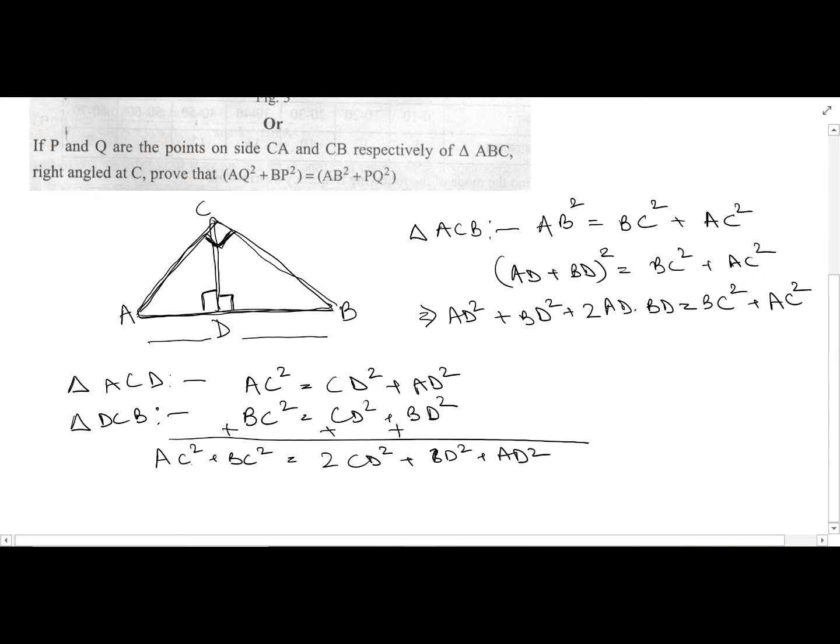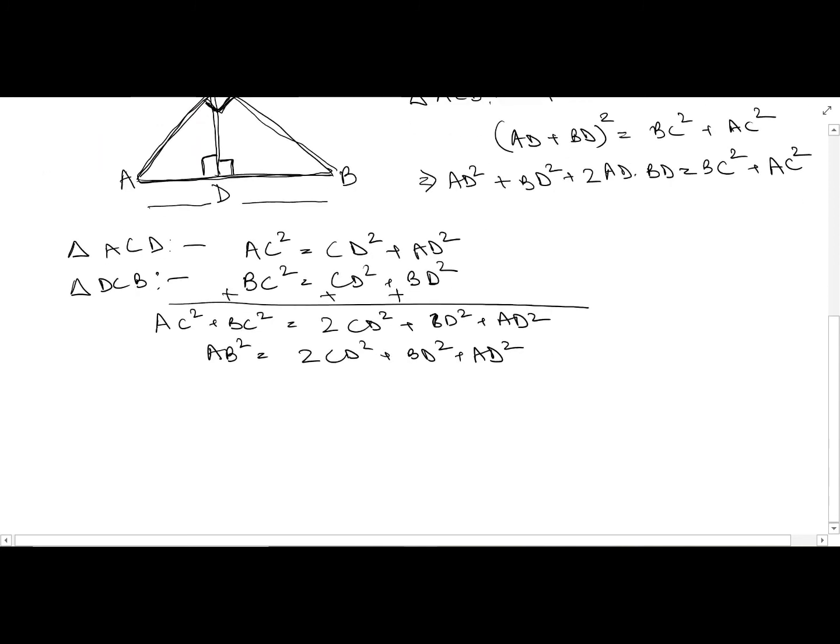Now AC square plus BC square is equal to AB square. Here AB square is equal to 2 CD square plus BD square plus AD square. We can also say this as 2 CD square is equal to AB square minus BD square minus AD square.